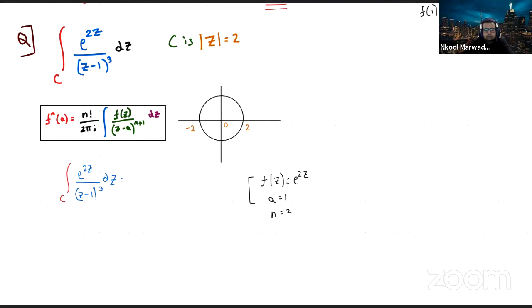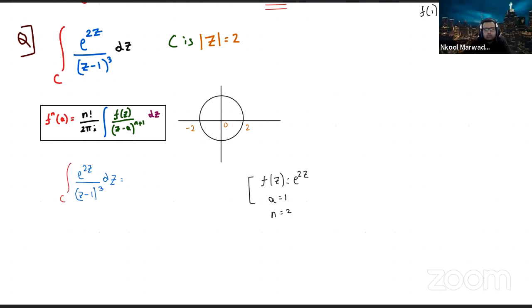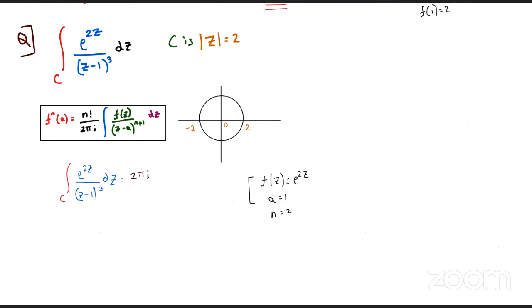Now, according to the formula, this integration will be 2 pi i upon n factorial. But n will be 3, no? No, n plus 1 is there in the formula. n plus 1 is 3, so n is 2.